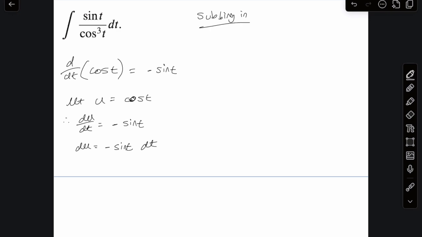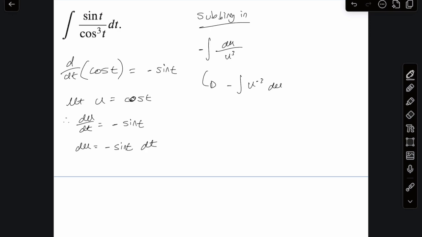So if we sub this in, what do we get? We're going to have minus du over u to the power 3. Okay? Which is the same as saying what? Minus u to the minus 3 du.